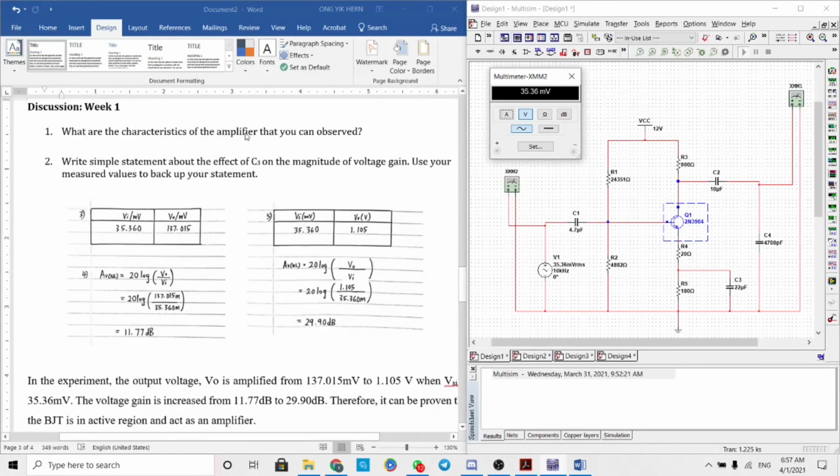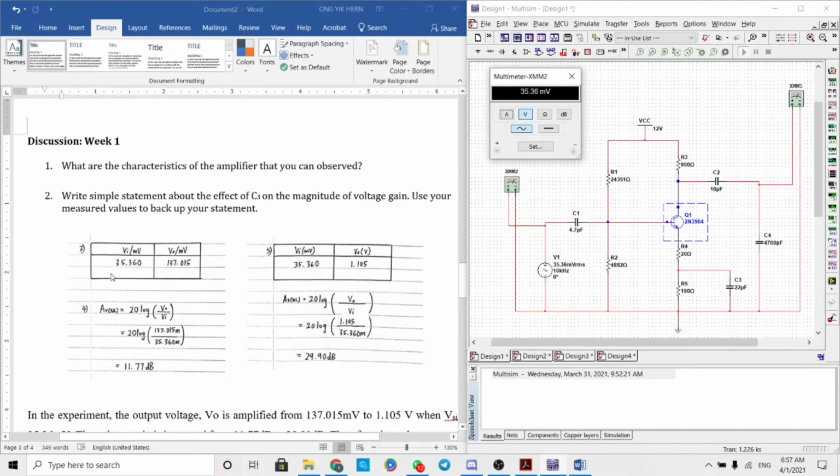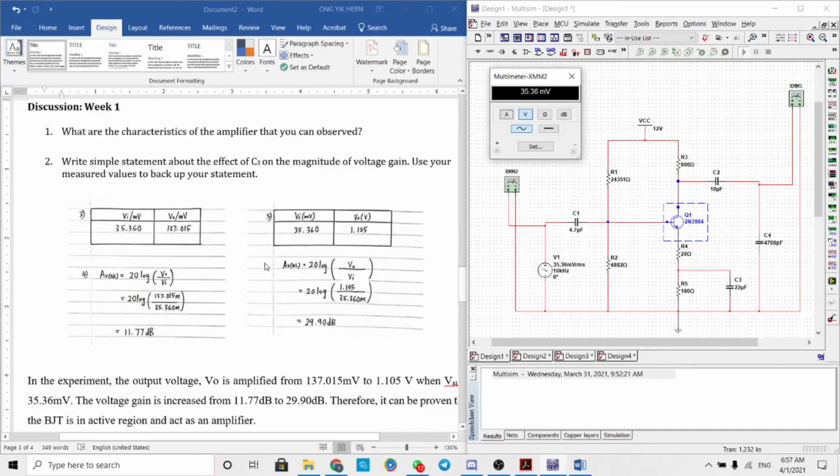The characteristic of the amplifier that we can observe in the experiment is that the output voltage is amplified from 137.015 millivolts to 1.105 volts. Next, the voltage gain I calculated is increased from 11.77 dB to 29.9 dB. Therefore, it can prove that the BJT is in the active region and acts as an amplifier.